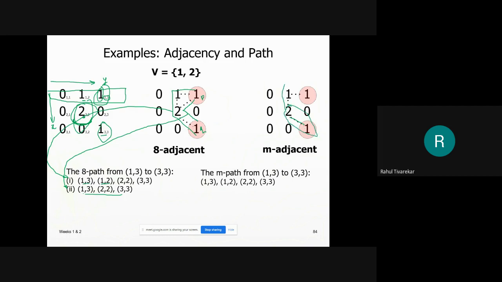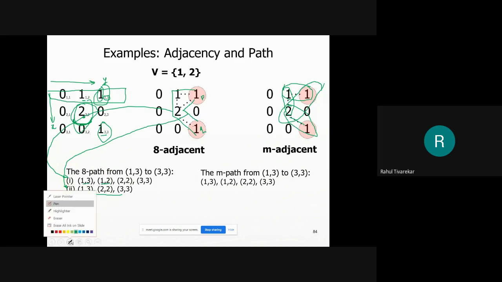Then here is the vertical path available, so they directly can be called as M adjacent. 4 adjacent path is available, so that's why we can say that these are M adjacent. But this one and these two cannot be called as M adjacent, because they are not 4 adjacent, and they are diagonal adjacent, but they have a common element in the fourth neighbor, which is a part of V.